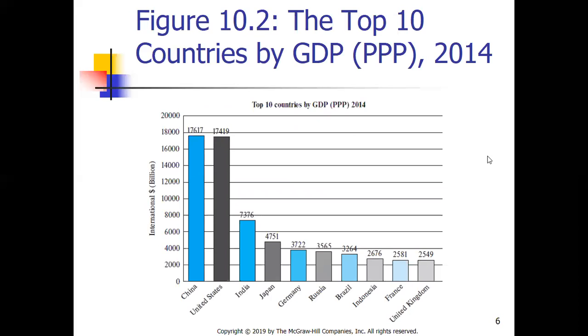This is just sharing with you gross domestic product. PPP is the purchasing power parity. PPP explains the differences in wages and prices among countries. So you can look at some of the highest GDP. This is a bit outdated, coming from the tax itself.